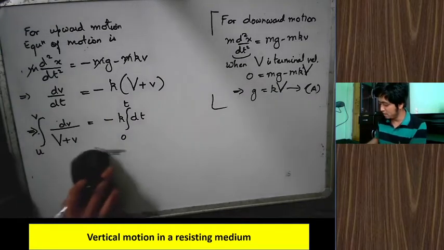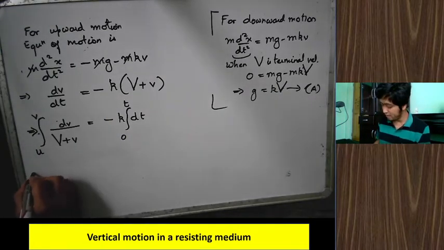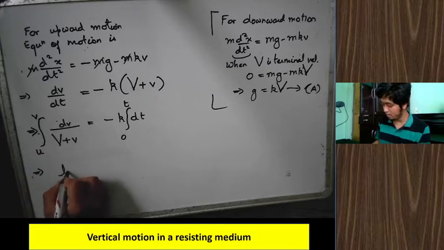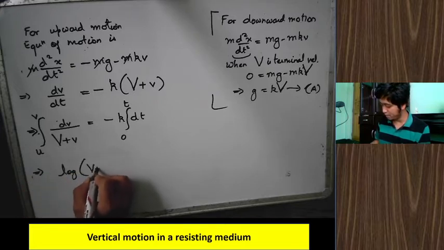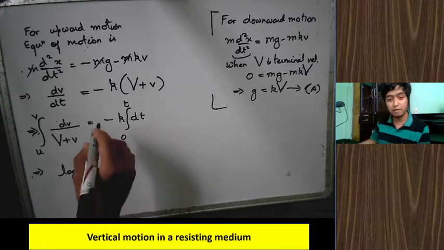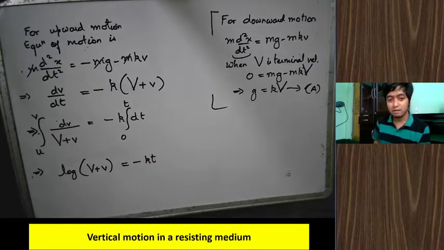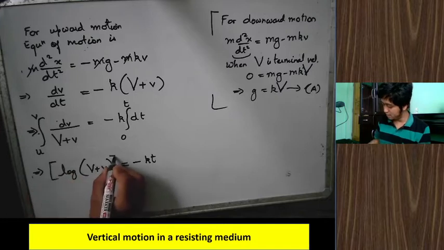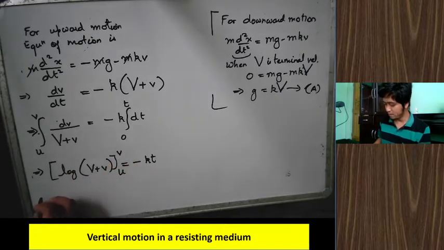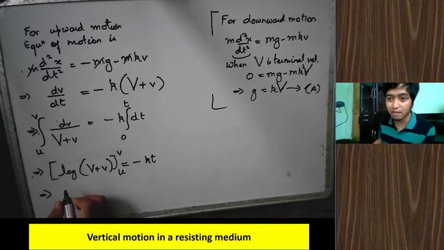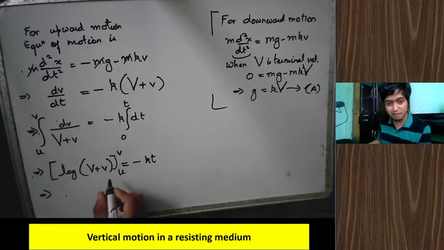If we integrate, this one will be log of V plus v, and over here will be minus kt. Over here the limits are from u to v. Next we will substitute the limits so that we can obtain this integral.